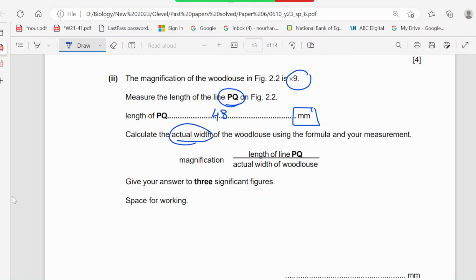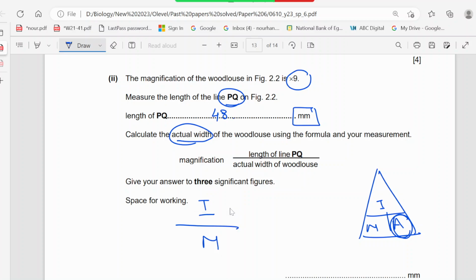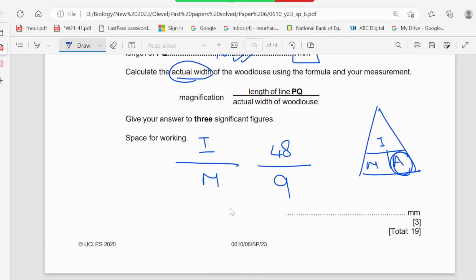Calculate the actual width. We said the triangle: magnification equals image over actual. If I want the actual, then I will do image over magnification. The image is 48, magnification is 9. Put your answer to 3 significant figures, and this is it.